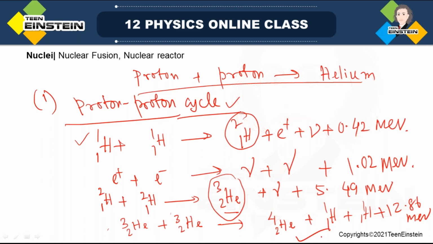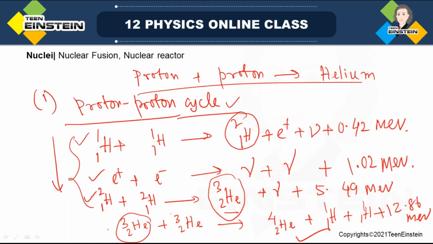Now, you need two light helium nuclei. If you undergo only one cycle, then you may not get two.